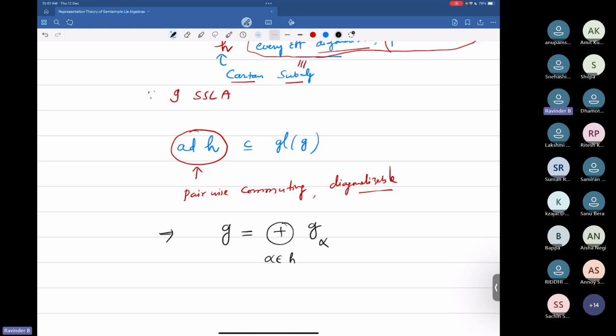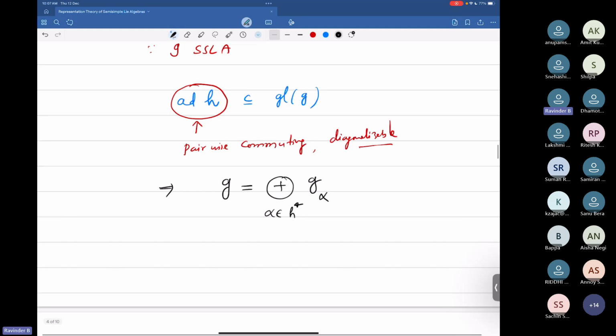So alpha is in H star, right? So what is G alpha? G alpha is the eigenspace, meaning you take the elements X such that if you act with ad H, ad H of X is alpha(H)X. The eigenvalue is different for different H, different scalars. So then X is an eigenvector.